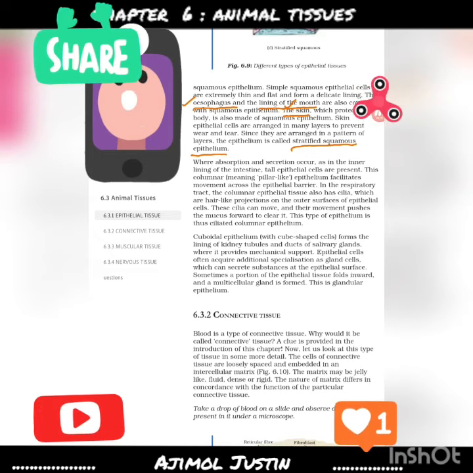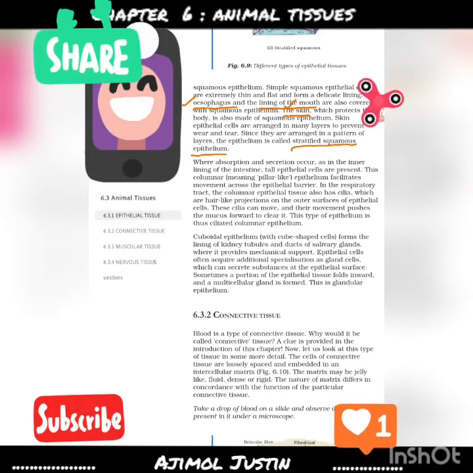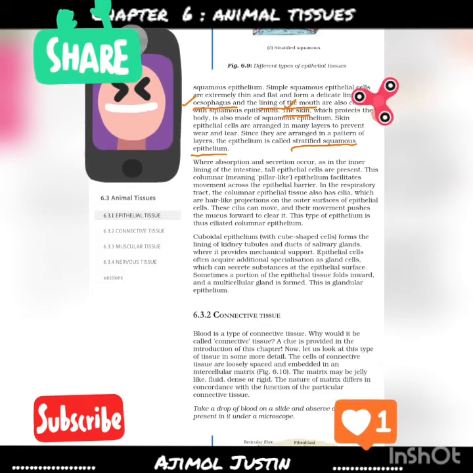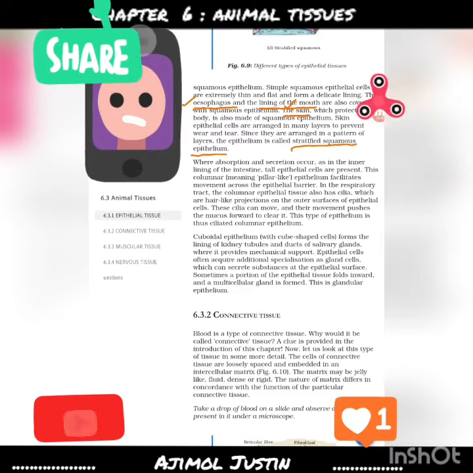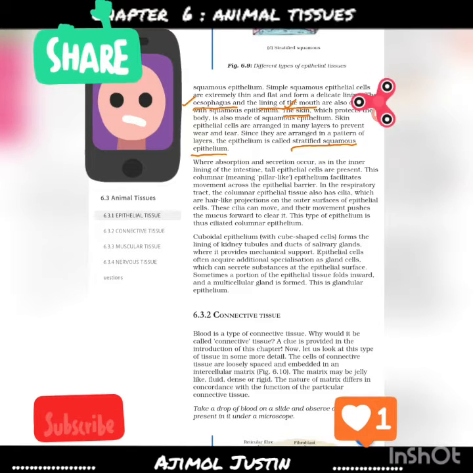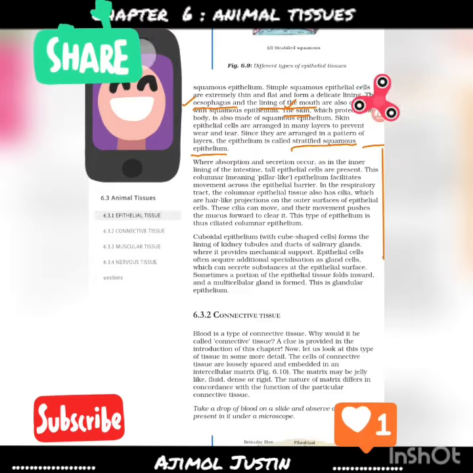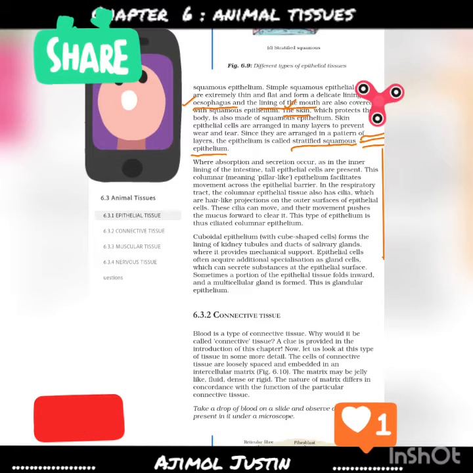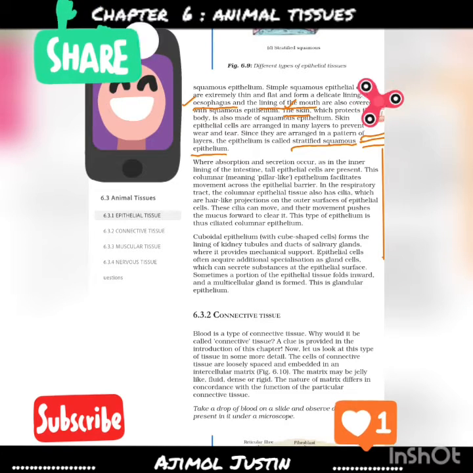Now the skin is also a squamous epithelium, but it is not a simple one. It is stratified. It has many layers of epithelium. So this type of epithelium is called stratified squamous epithelium.